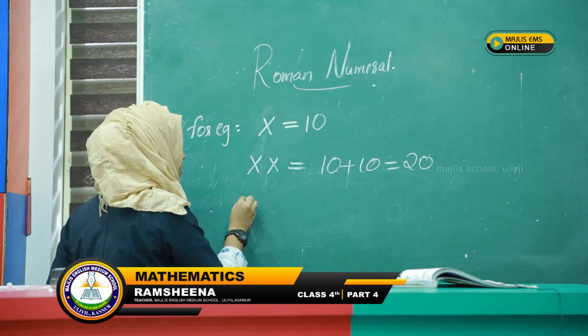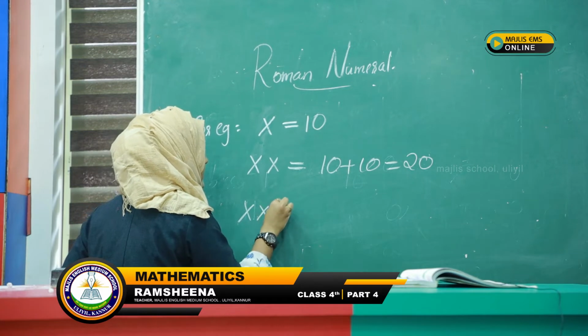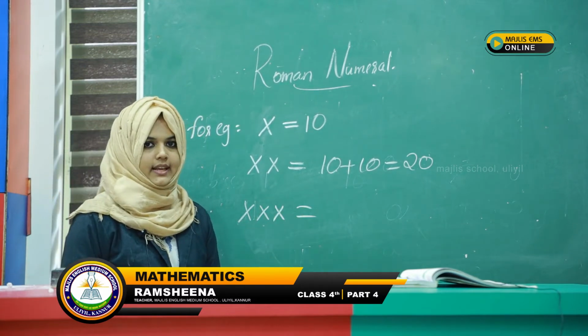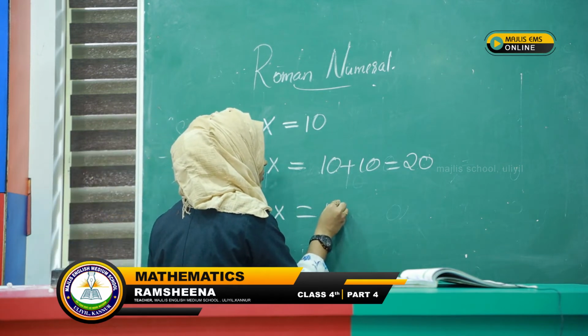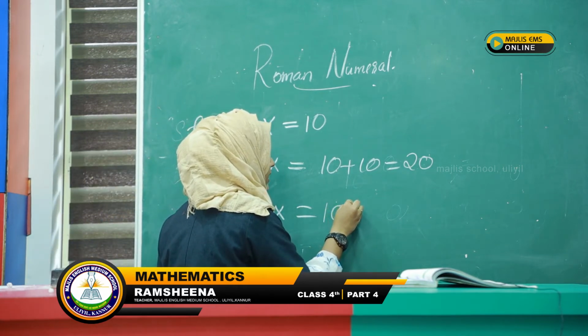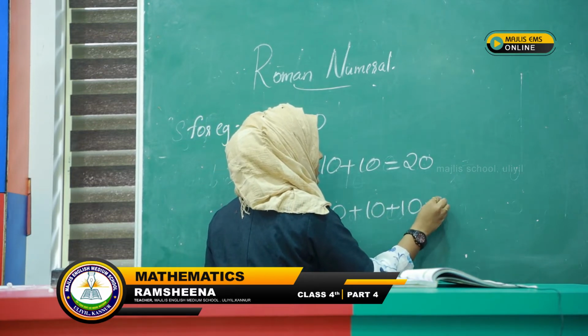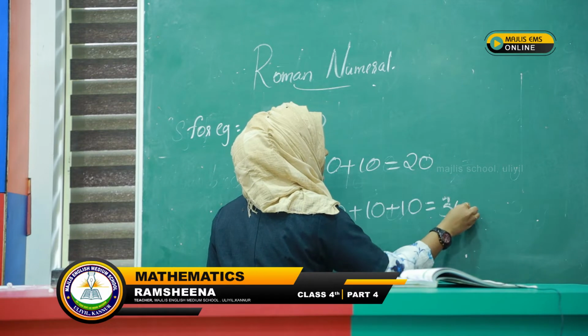Then the next one, X X X, that means 10 plus 10 plus 10, which is equal to 30.